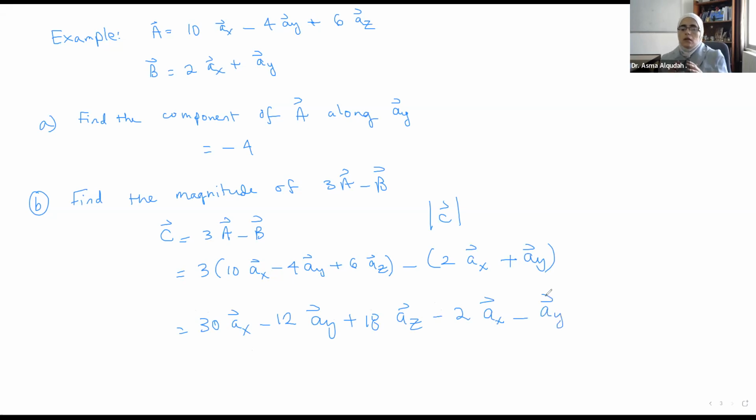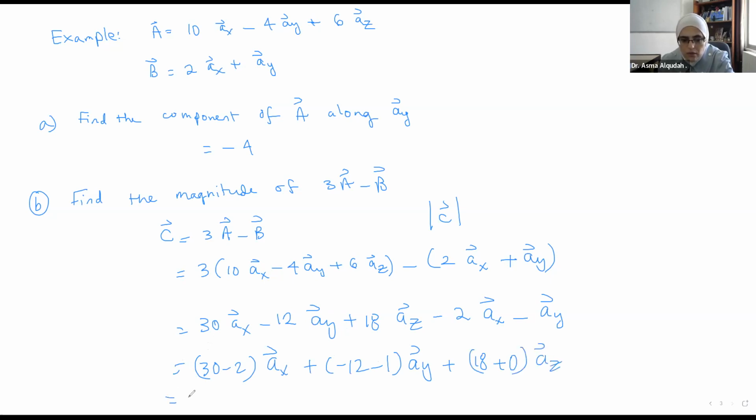Now we want to collect the terms together, each two terms in the same direction. So we have 30 minus 2 along the x direction, and then minus 12 minus 1 along the y direction, and then 18 plus 0 along the z direction.